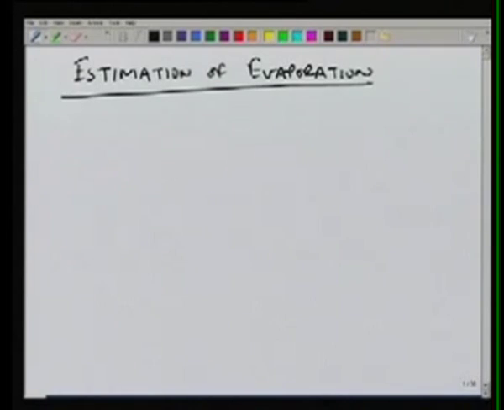As we have discussed, evaporation is the transfer of water vapor into the air from a water surface below the boiling point. And as we have already seen, the rate of evaporation will be proportional to delta E, which is the vapor pressure difference.